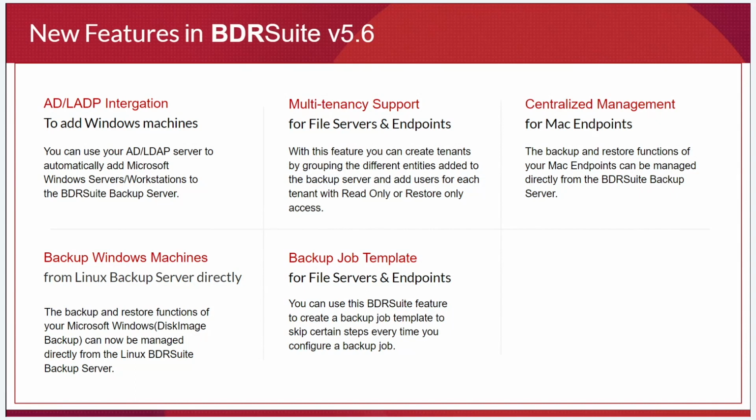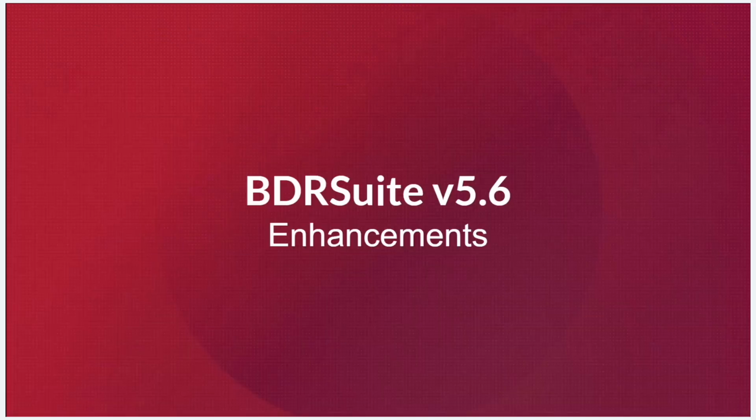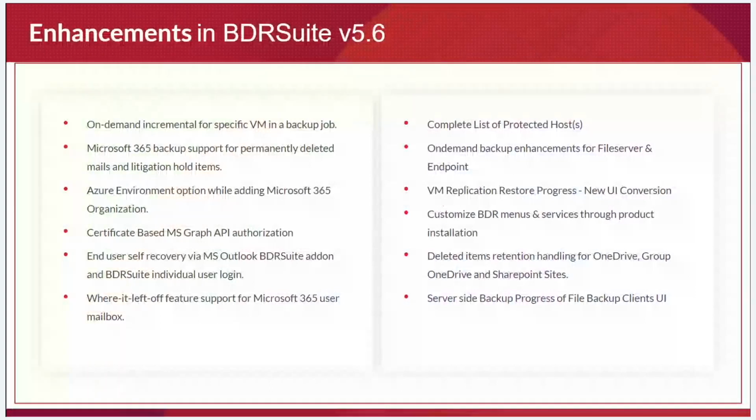But more than this, we have a lot of enhancements that have been made to the product. So in such a case, let's see what all the enhancements that we have. One is the on-demand incremental for specific VM in a backup job. While you're configuring a backup job with multiple hosts or multiple VMs, you can specifically choose one particular VM to run an incremental on an on-demand basis.